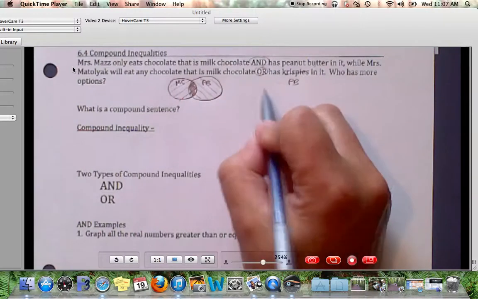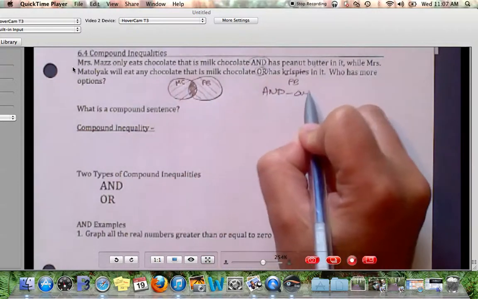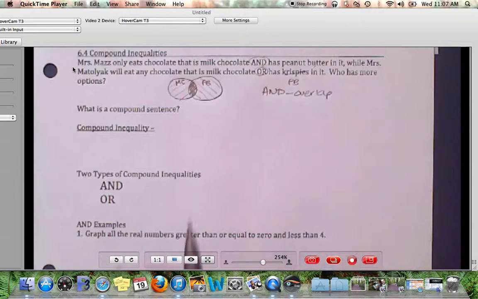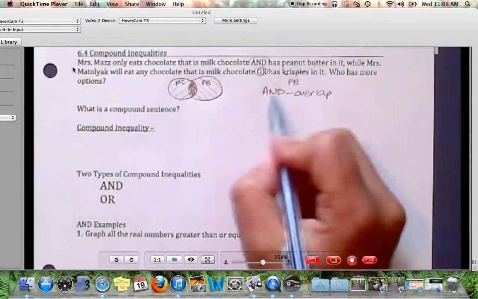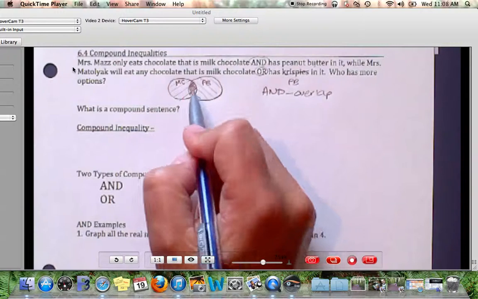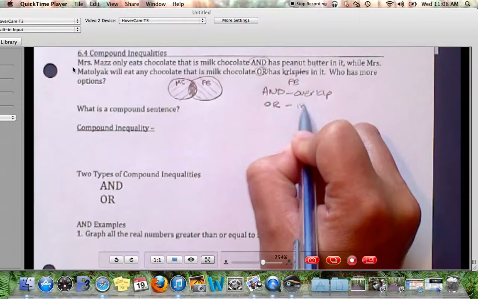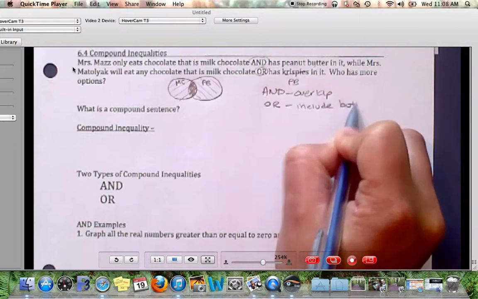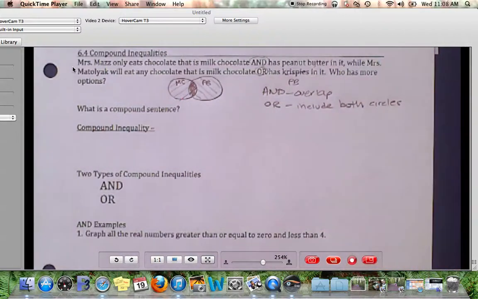For me, an "and" means they have to both be true, so we're finding the place where the two groups overlap. If I'm saying an "and," I'll only eat the candies that fit into both groups, which means where they overlap. If it's an "or," that means you include both circles, and that gives you much broader possibilities. So that's the first thing we have to think about and consider.